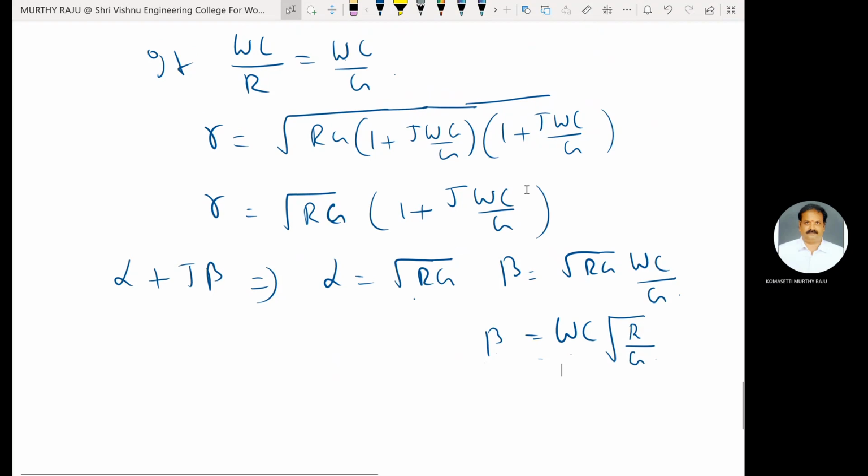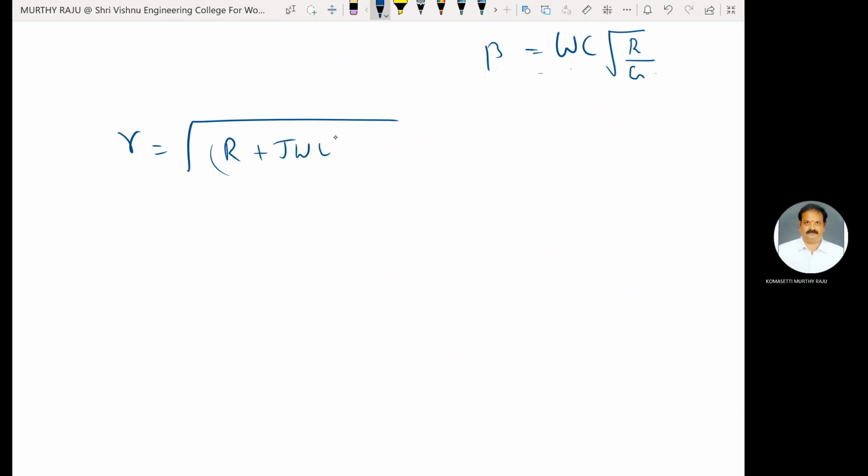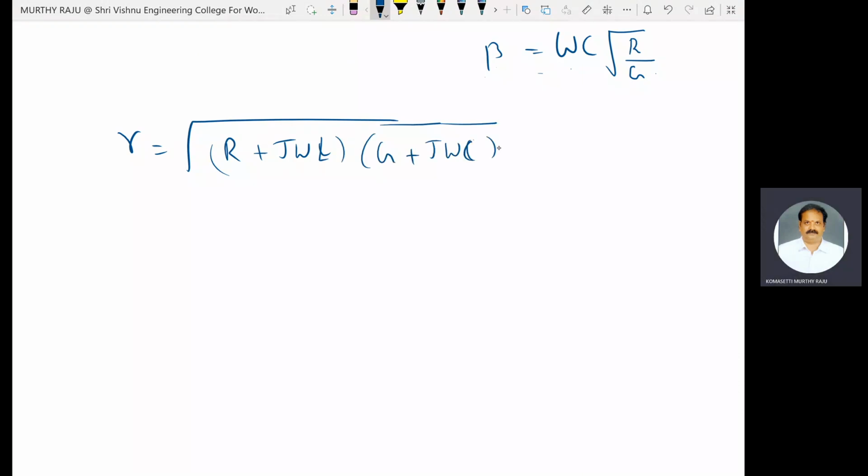Next one. Here gamma is equal to square root of (R plus j omega L)(G plus j omega C). In the previous case, R was the common term.